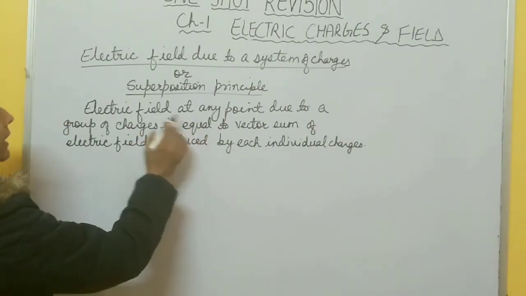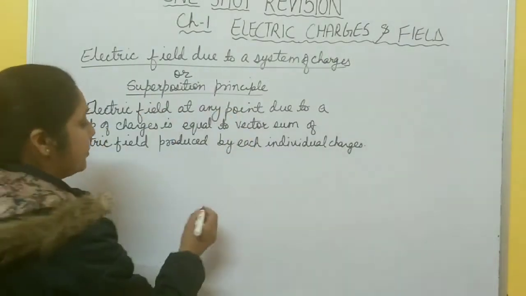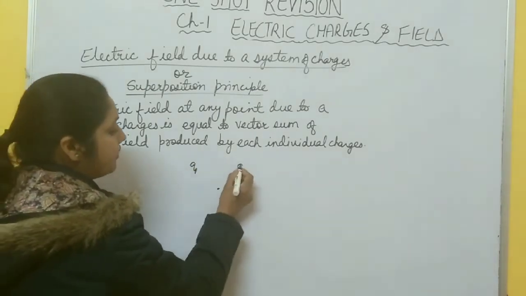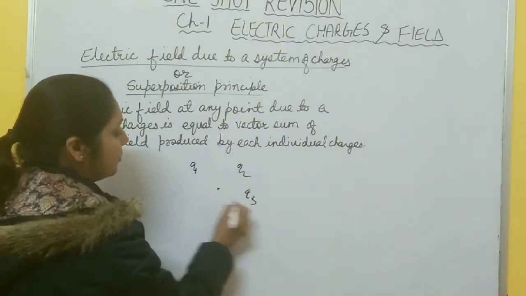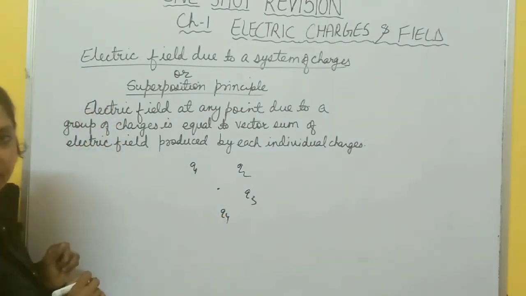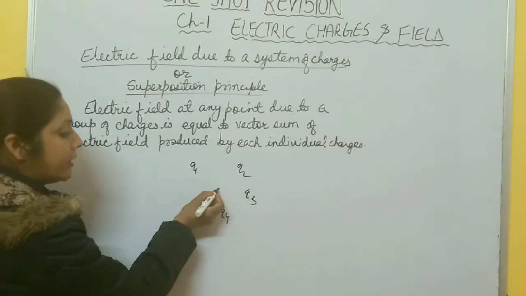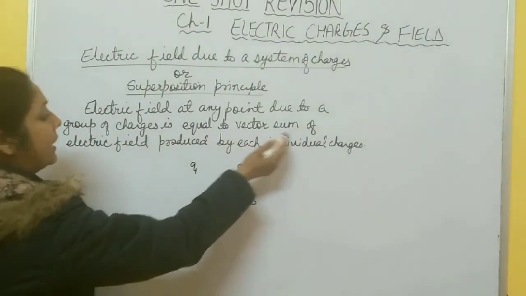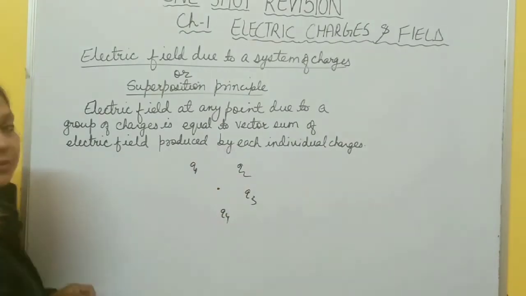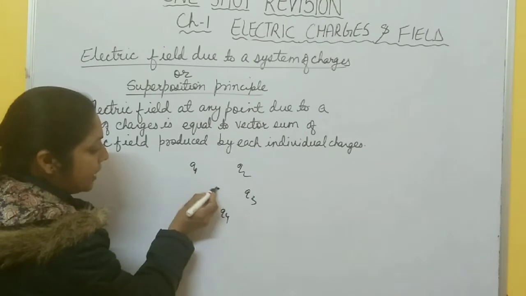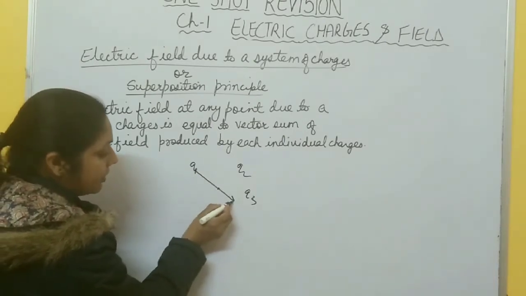It states that electric field at any point, suppose this is a point, and there are a number of charges Q1, Q2, Q3, suppose Q4. Now the total electric field at any point is equal to the vector sum of the electric fields produced by each individual charge. Suppose this Q1 produces an electric field at this point in this direction, E1.